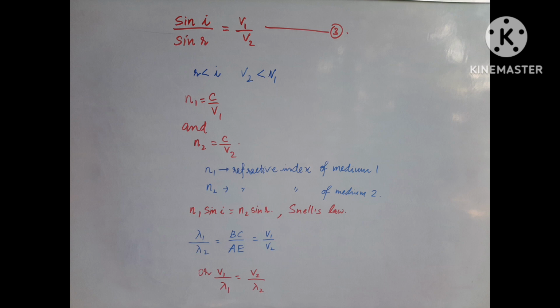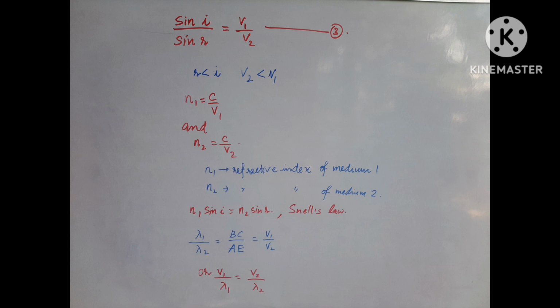Then we can write n1 is equal to c by v1. Similarly, n2 is equal to c by v2. This is the relation for refractive index of a medium. So n1 is refractive index of medium 1, n2 is refractive index of medium 2.